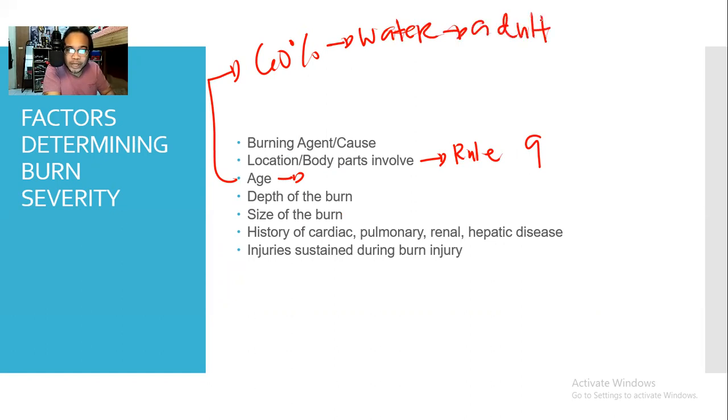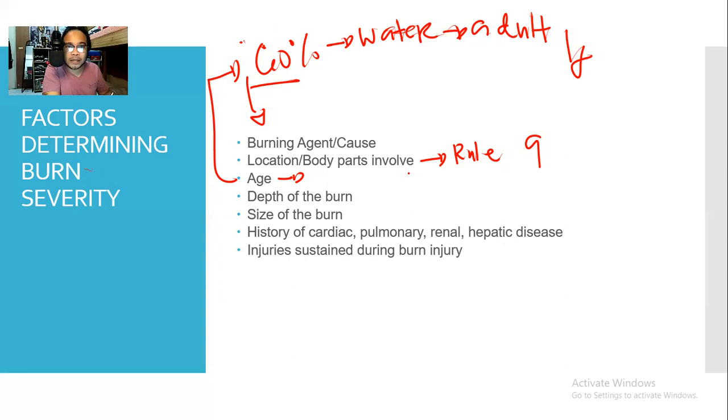As I told you, as you grow older, this decreases. But when you are young, of course, this 60% is higher. So the younger the person who was burned, of course, it will determine the severity.